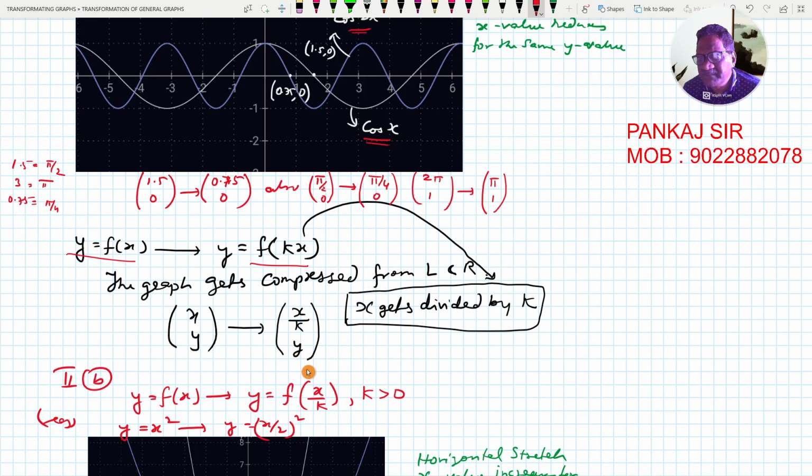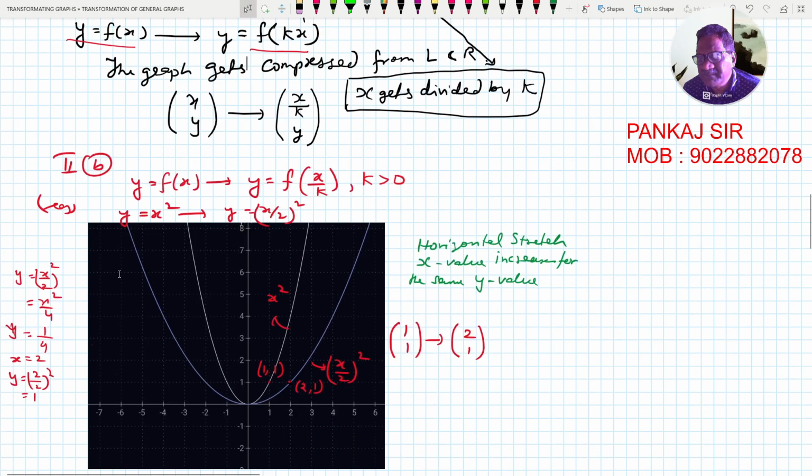The fourth transformation is when f(x), the parent function, is converted to f(x/k). Now here you can see that for this positive k, you are dividing x by that positive k.